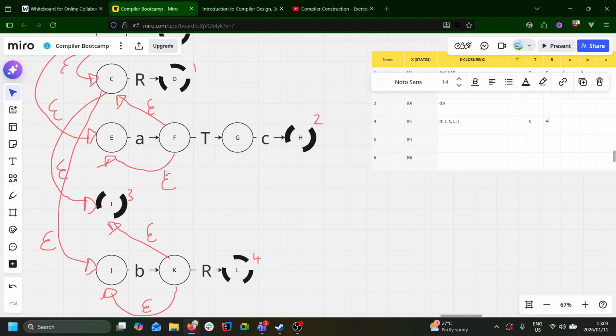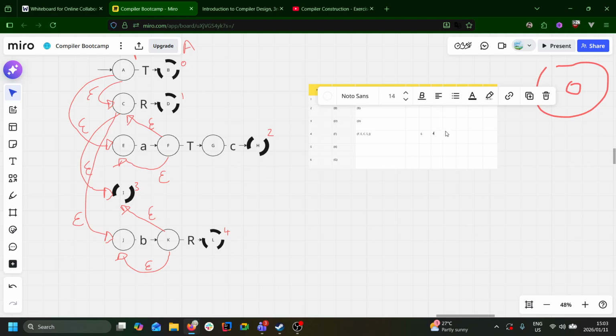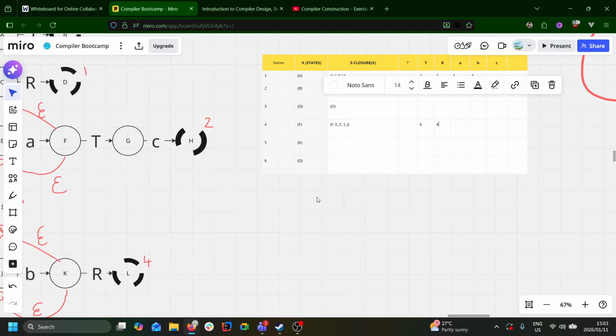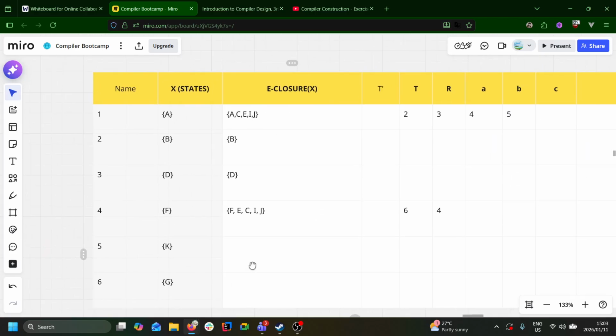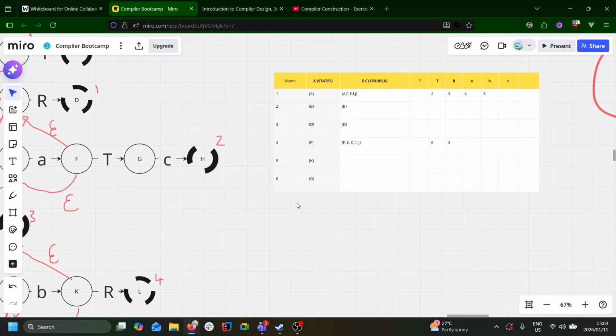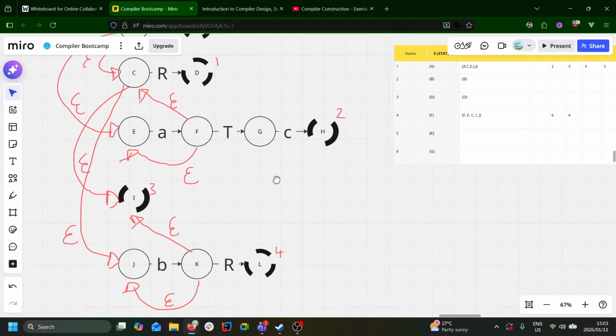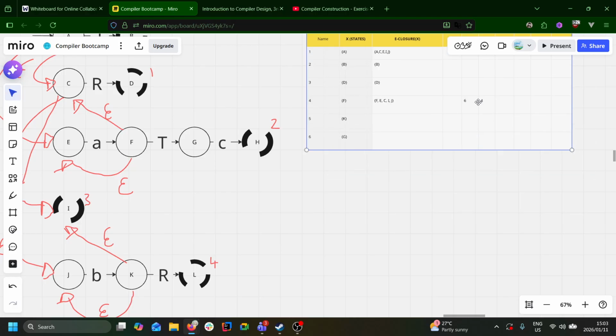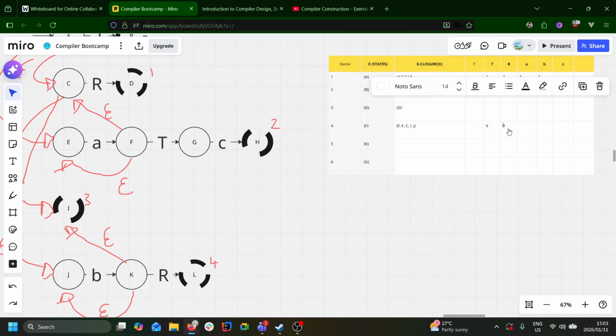Do we have another transition? For B, yeah, we have B, J. So that means J of the transition of B, but something feels wrong. Of B, we can go to 5, K. Okay, so with J, we have a transition B. I'm missing something here. Yeah, I think I wrote the 4 in the wrong place.